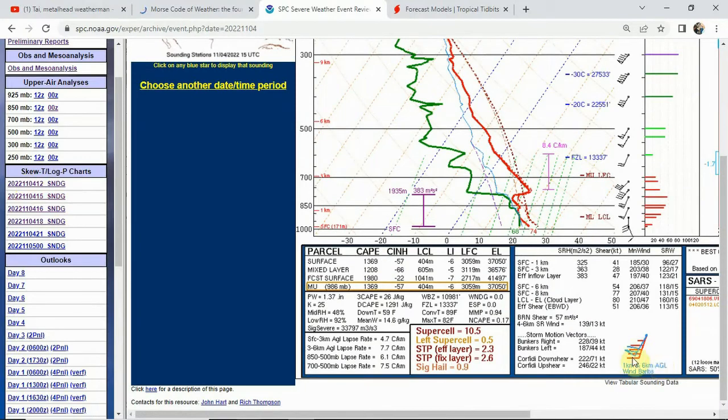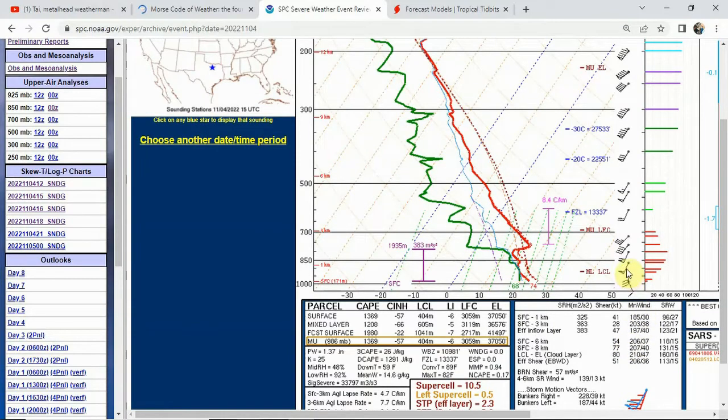And also if you look at this little barb here, you can see the directional shear. You can also look at it on the surface levels of this QT plot graph, and you can see the changing of directions here at the low to mid levels of the atmosphere. So this environment was more than primed enough to produce tornadoes.